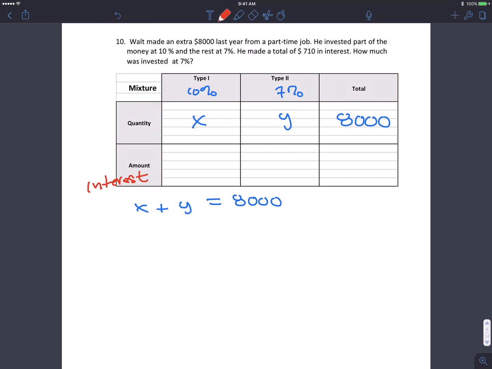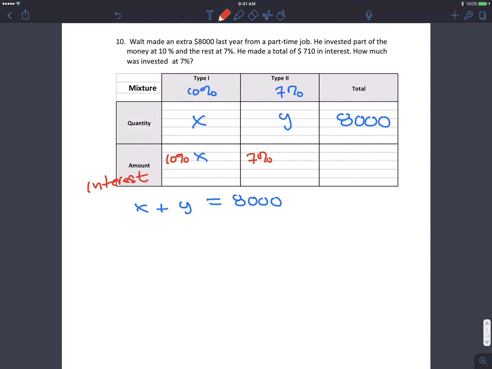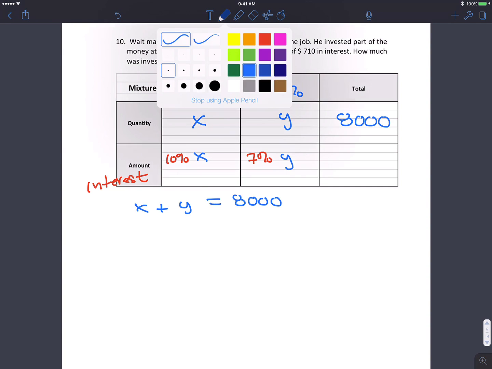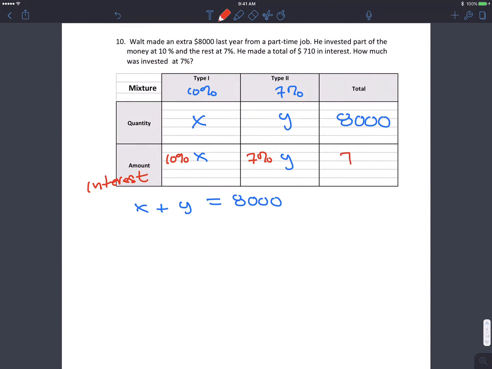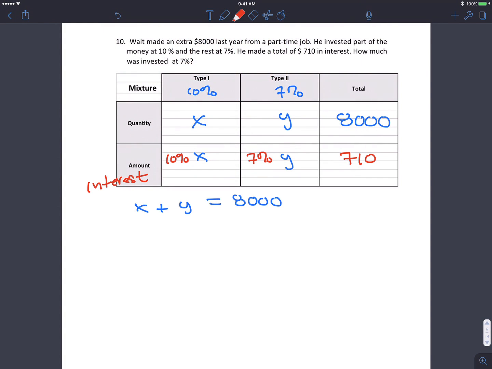Okay, that's a little better. So what we know is that 10% of the amount invested in account 1 plus 7% of the amount invested in account 2. This is just my interest. I get interest in account 1, interest in account 2. When I add it together, I'm supposed to get $710 in total interest. He made a total of $710 in interest. So this is my interest equation.